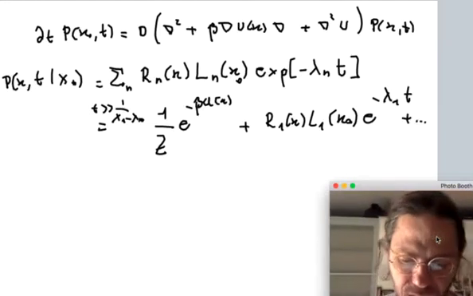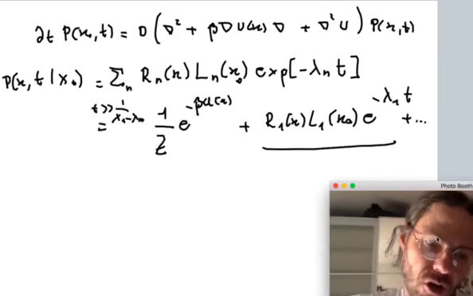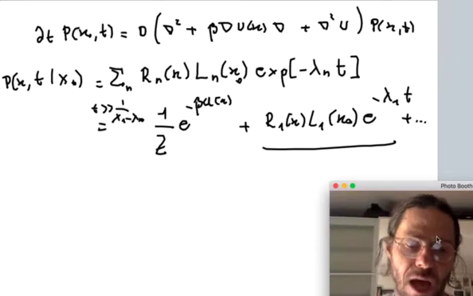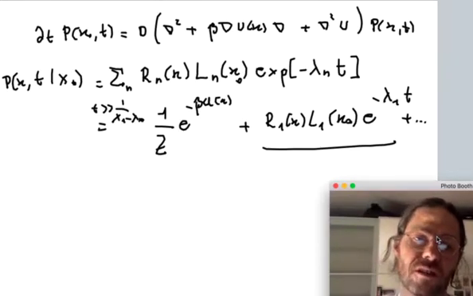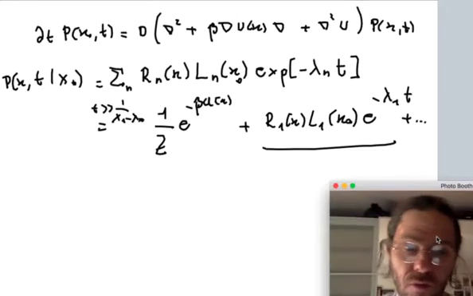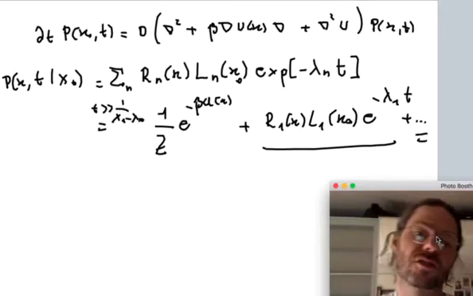And this is the first correction that you have when you look at the system as it's almost approaching thermal equilibrium. If t is large enough, all the other terms here are exponentially suppressed.